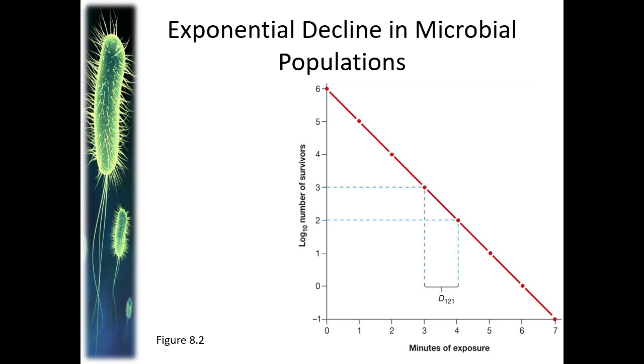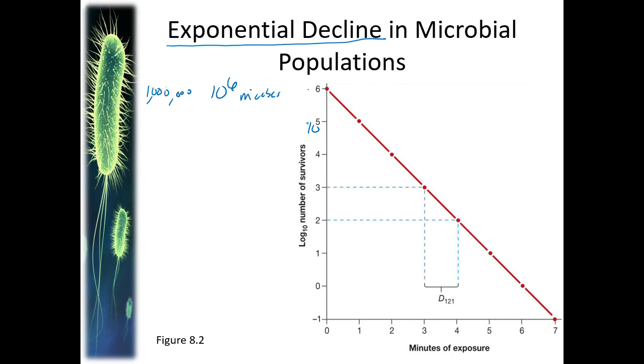Okay, so here is typically what we're looking at. We said often when we're killing microbes, we see this exponential decline. Remember, on this log-based scale, 6 really means 10 to the 6th microbes. So we're going from 1 million to 10 to the 5th, to 10 to the 4th.